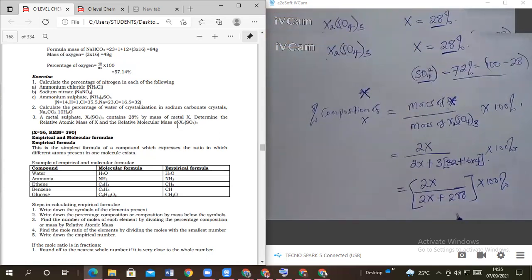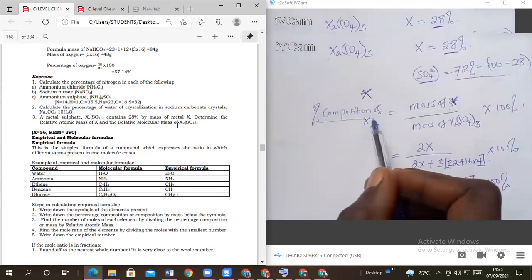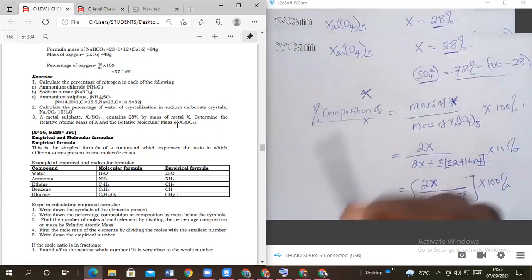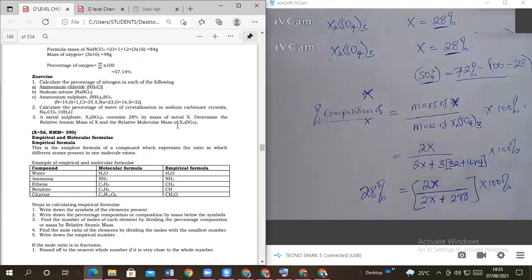Now, they gave us a percentage composition of the metal, isn't it? This percentage was what? Is it 72 or 28? 28. So this one is 28%, isn't it? Here, we shall have two equations that have x in it.